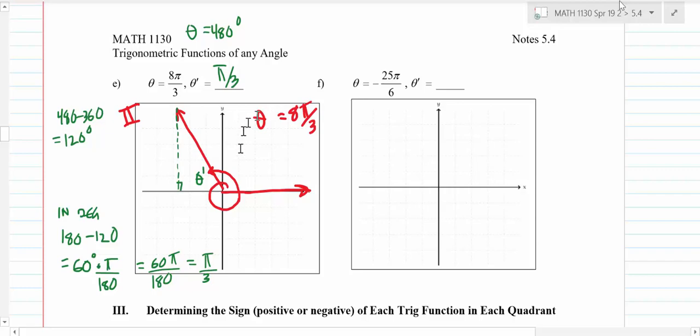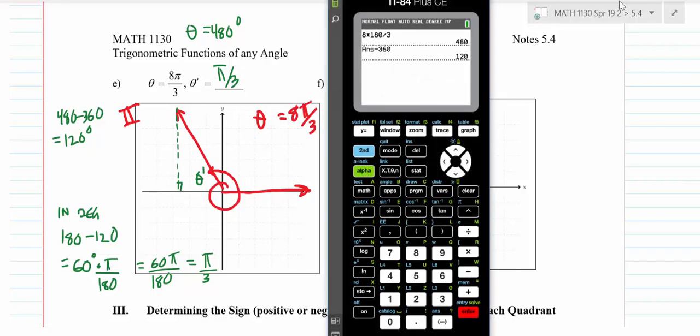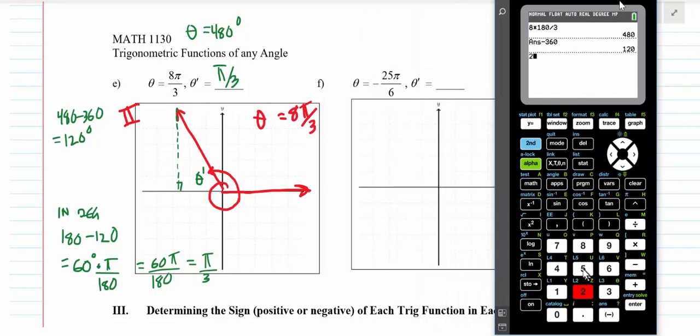Okay, so this one I'm going to do kind of the same way. I'm going to take 25 times 180 over 6, and that will give me theta is negative 750 degrees.